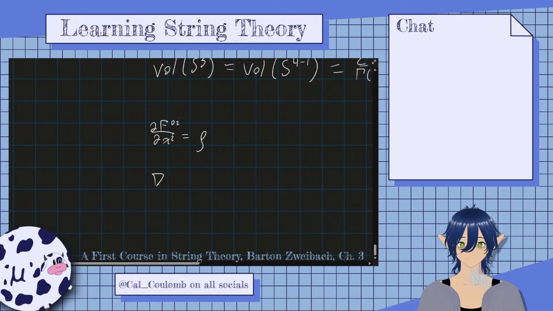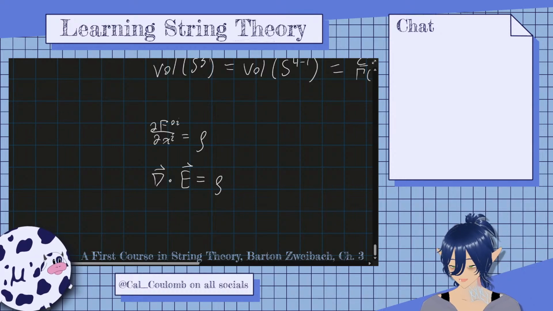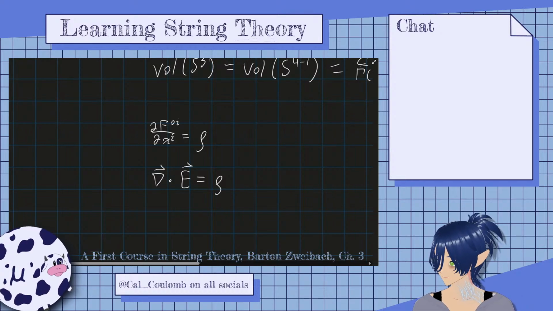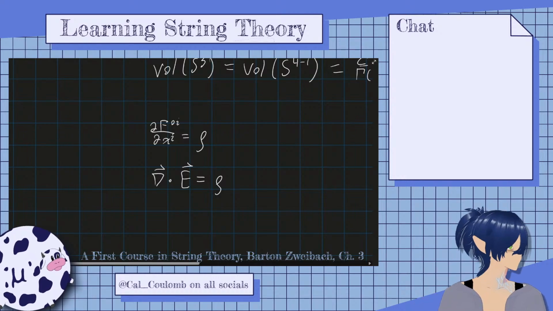So the divergence of the electric field is equal to the charge density. Gauss's law is valid in all dimensions. That's kind of lucky. It's definitely not the case for the magnetic field ones.